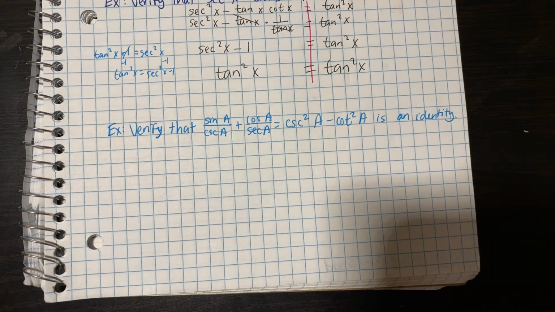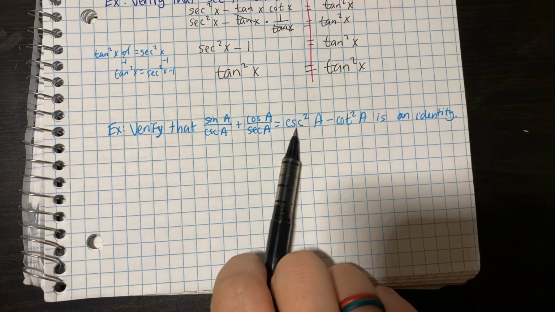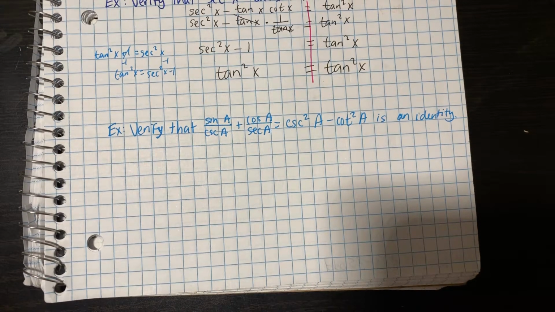Verify that sine A over cosecant A plus this equals this is an identity. This one is just lovely on both sides of our equation. So we're probably going to be manipulating both sides of our equation. Okay?